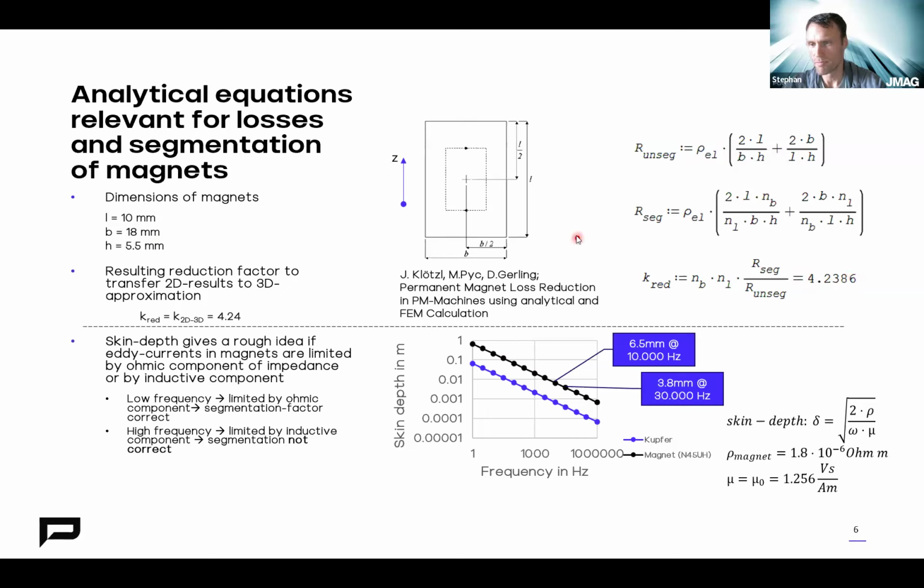Maybe just to answer before the question arises: in this example, I do not deal with the segmentation, but I use this approach to recalculate the results from a 2D simulation to 3D result values, or to 3D losses.